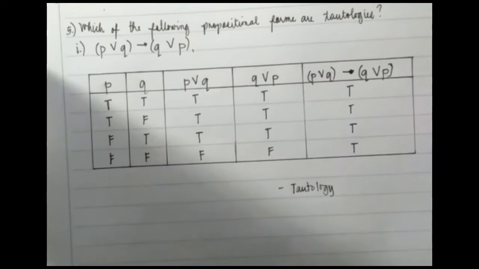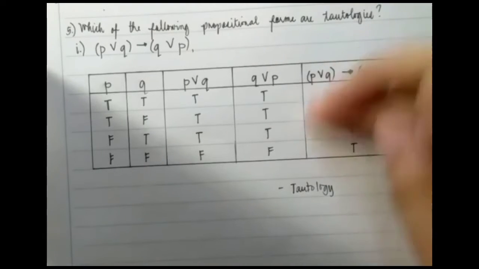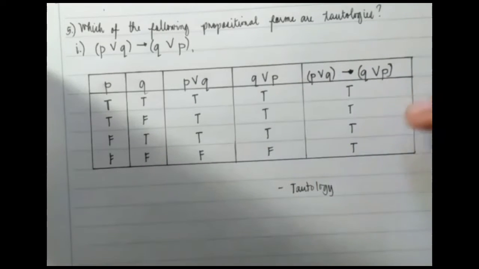Why is it a tautology? Because according to the definition, a tautology is a propositional form that is always true. And since P or Q implies Q or P is always true, this is a tautology.